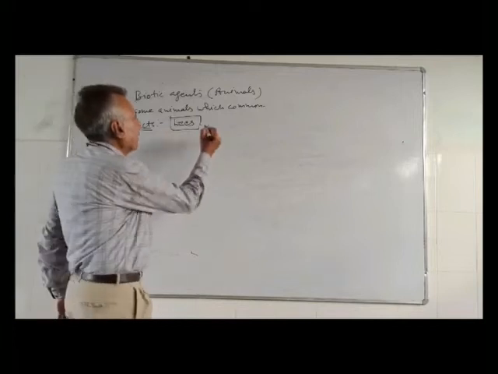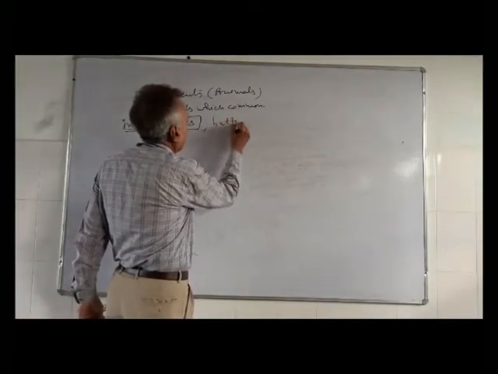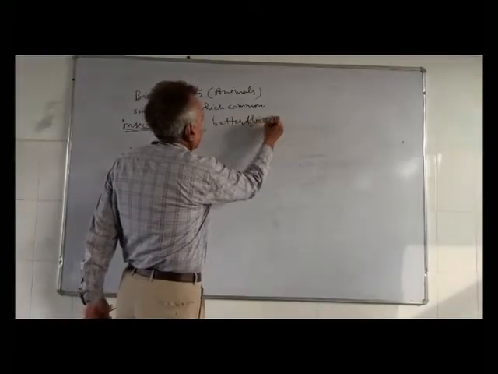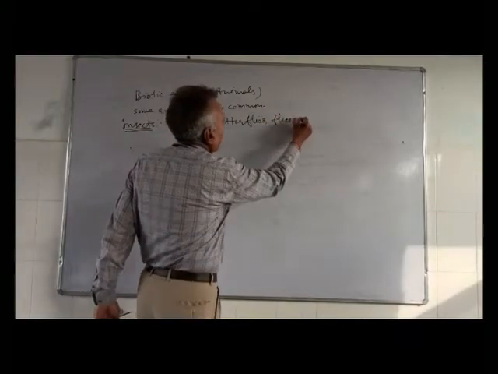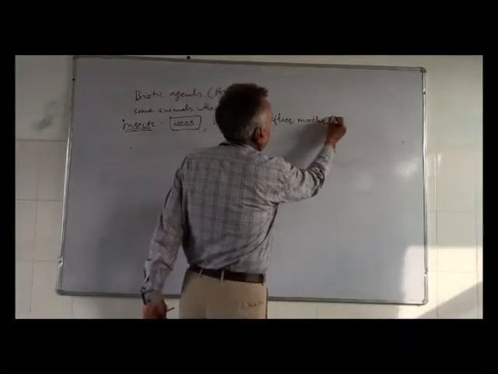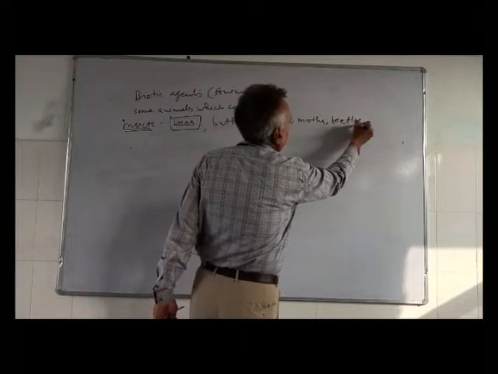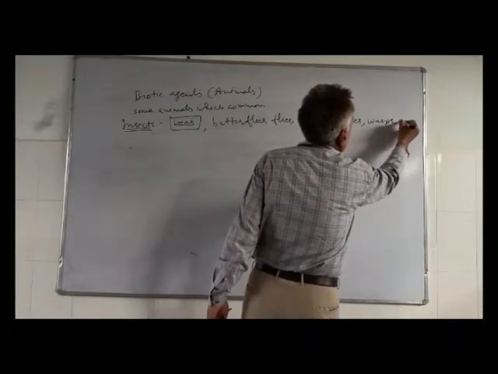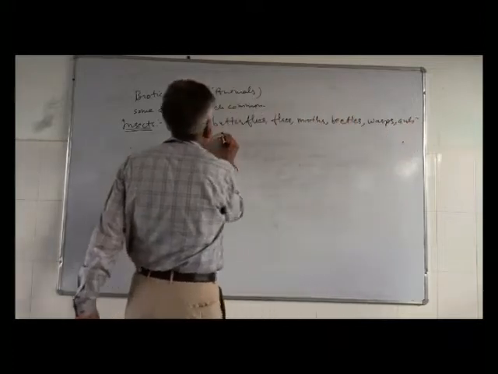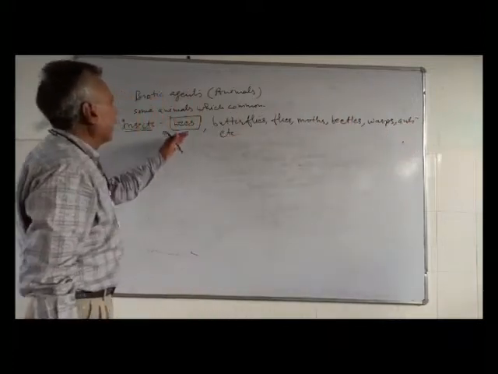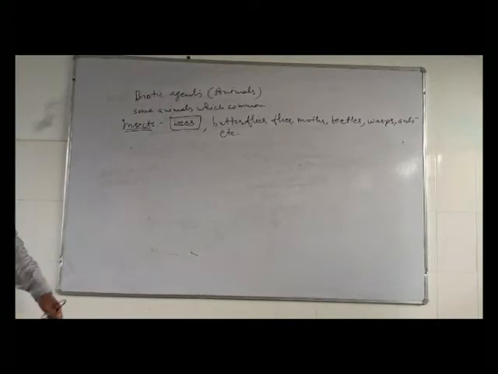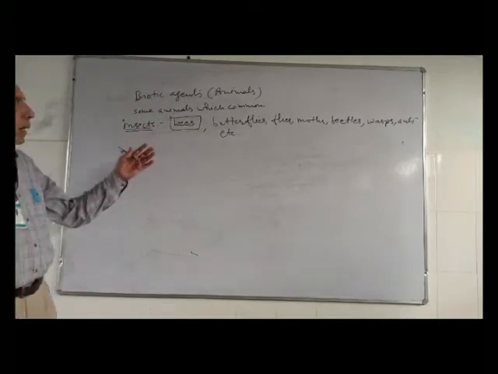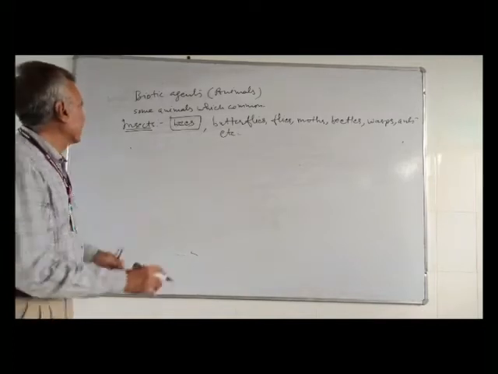Bees, butterflies, flies, moths, beetles, wasps, ants. These all are insects. They act as pollinators in a number of angiosperm plants.